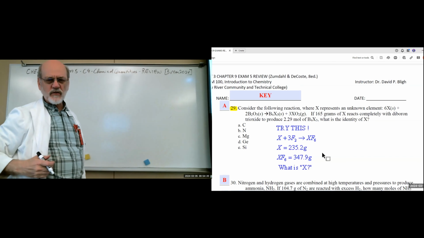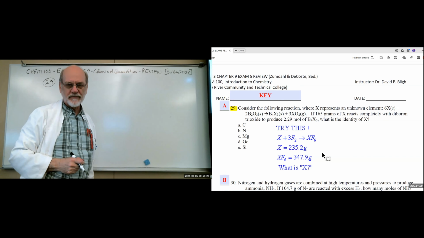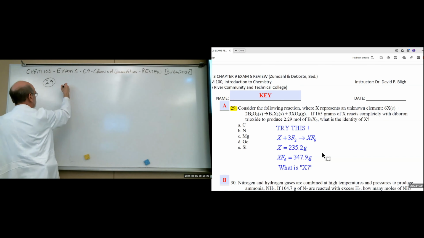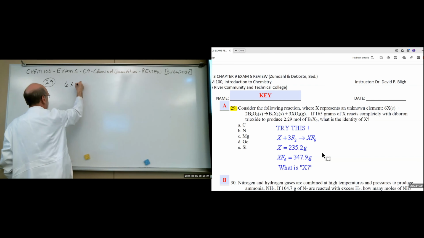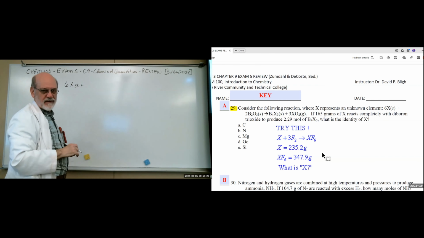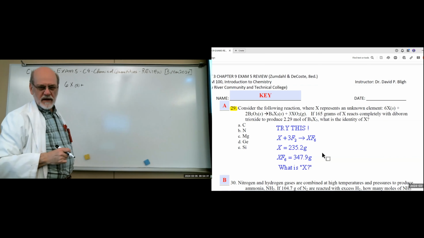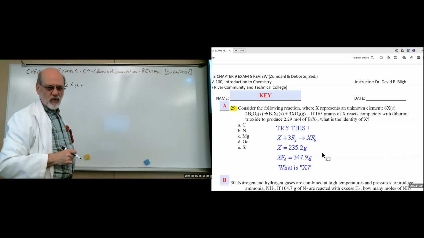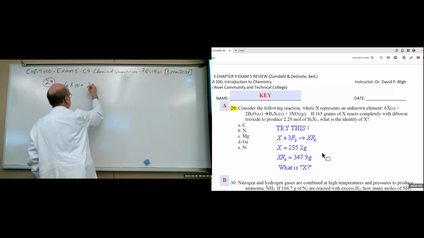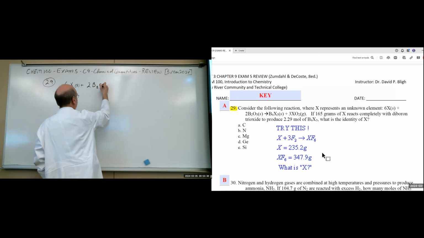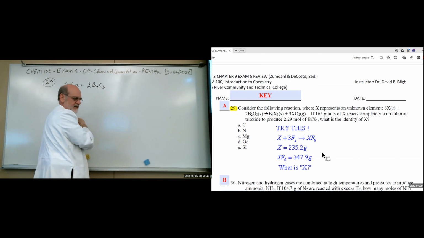Consider the following reaction where X represents an unknown element. 6X solid plus 2 diborane, let's see, what is that?